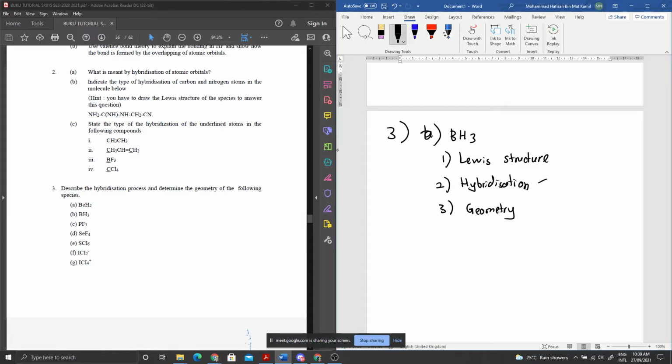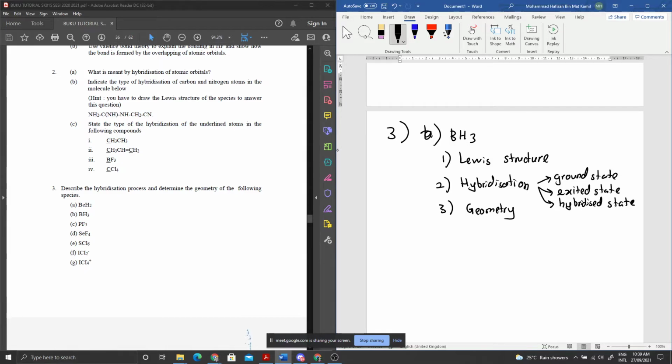Untuk hybridization, we always have first dengan ground state, and then we have excited state. Depends. Kadang-kadang some of it tak ada pun excited state, and then we will have hybrid punya state, hybridized state.